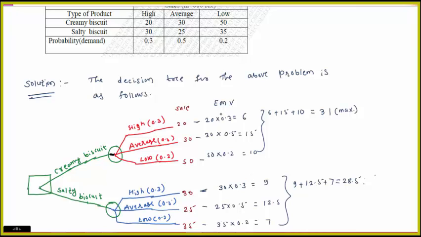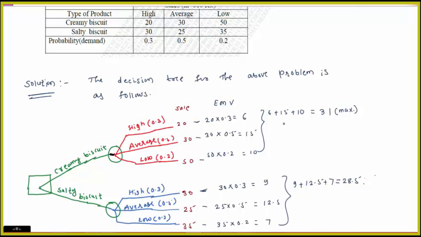Now we are going to find the best decision using EMV, so we have to calculate EMV. The EMV for each course of action is the summation of payoff into probability. Payoff is 20 here, with probability 0.3 for the creamy biscuit and the state of nature high, so 20 into 0.3 is 6. Next, 30 into 0.5 is 15, and 50 into 0.2 is 10.